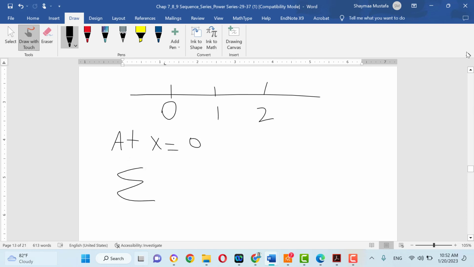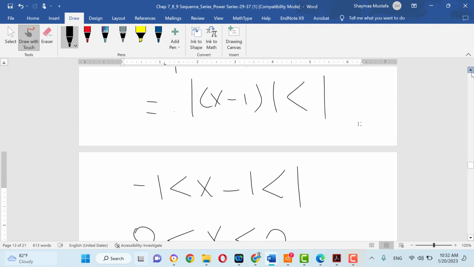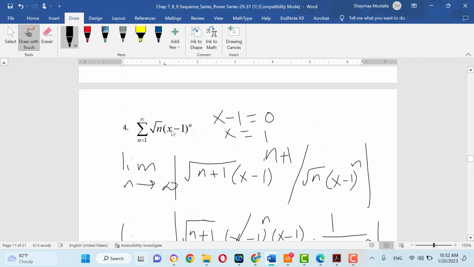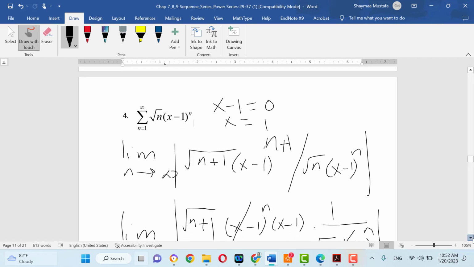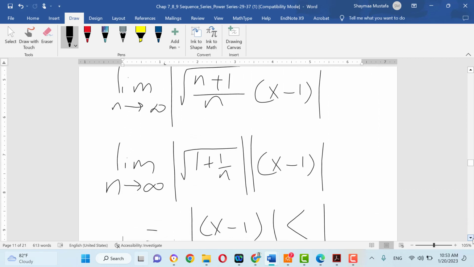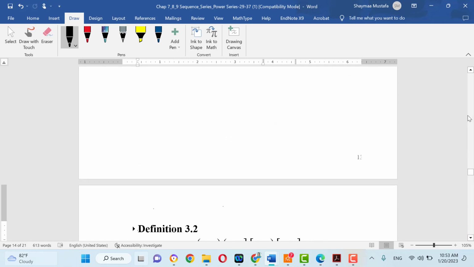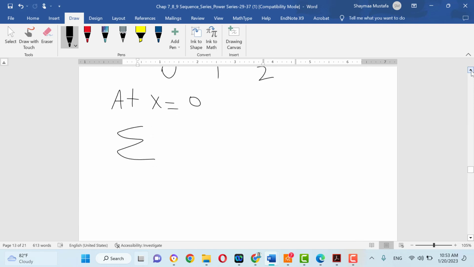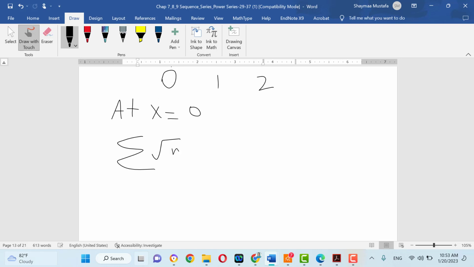At x equals 0, we have the square root of n times minus 1 to the power n, when n goes from 1 until infinity. So this one is an alternating series.